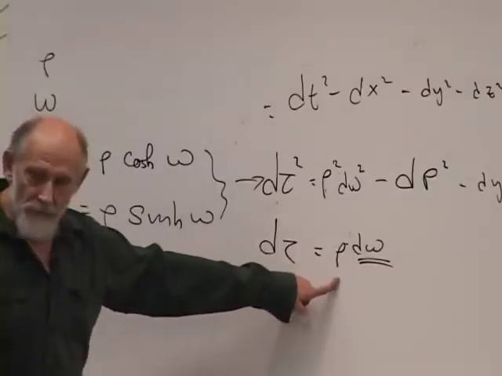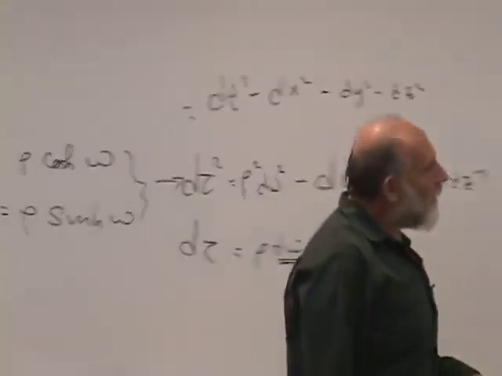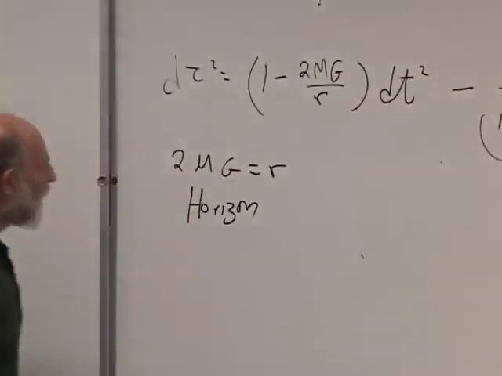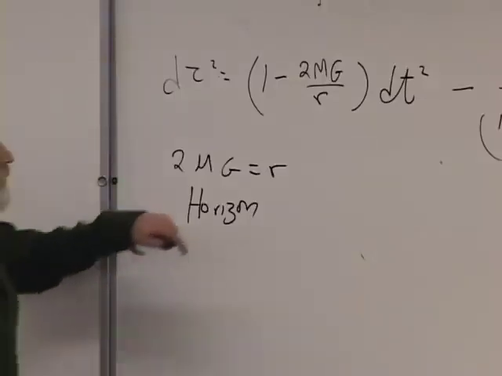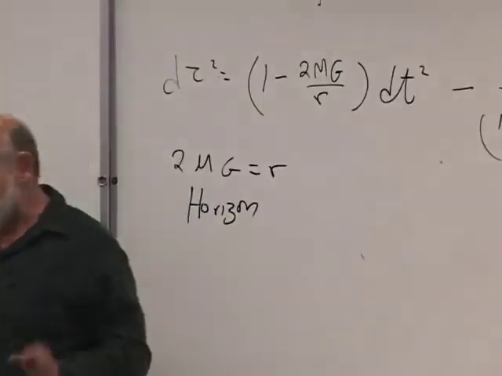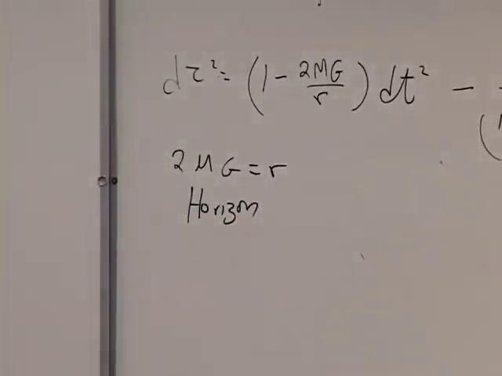At 2mg equals r, arbitrarily large amounts of dt correspond to no proper time at all. Okay? So these are funny points.